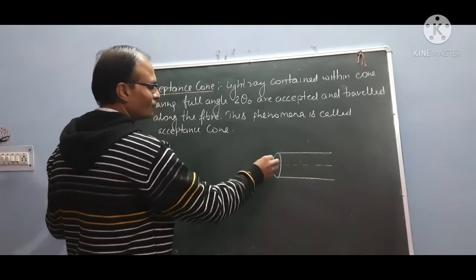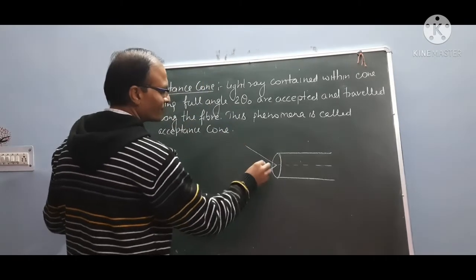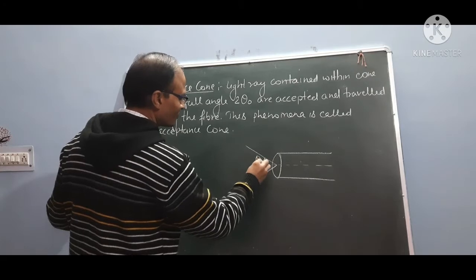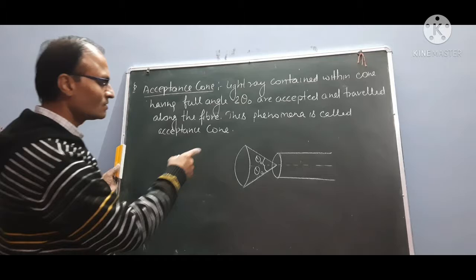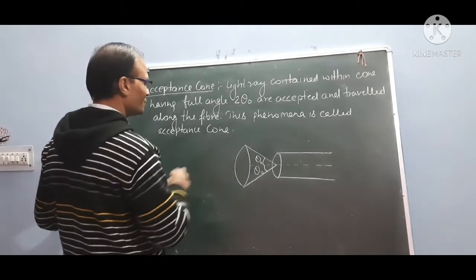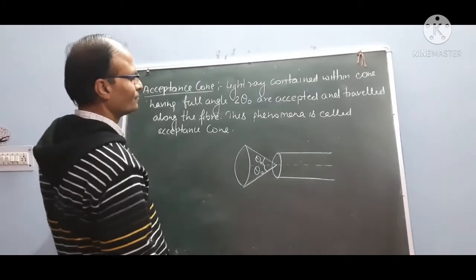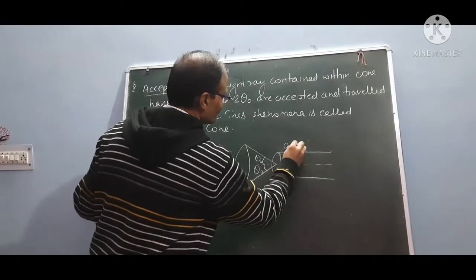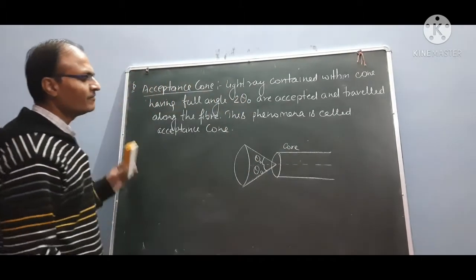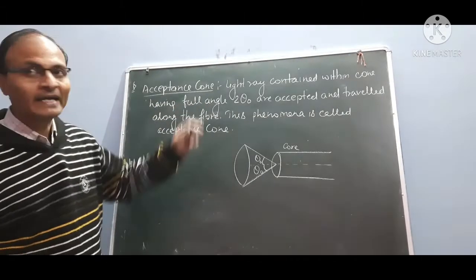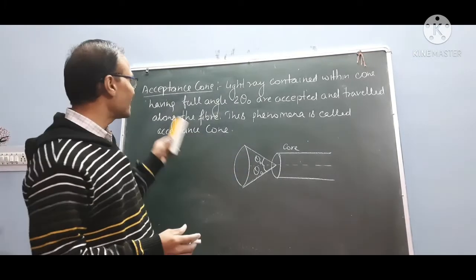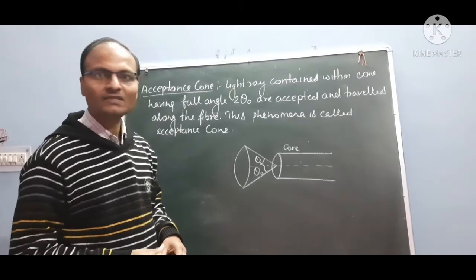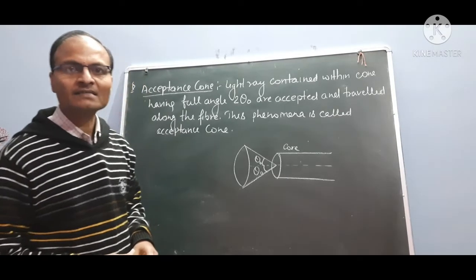Light is free to move in any direction. This is also theta naught. So the complete angle is 2 theta naught. This is cone shape, so this is the acceptance cone. This is the core. So light rays contained within a cone having full angle 2 theta naught are accepted and travel along the fiber. This phenomenon is called acceptance cone.